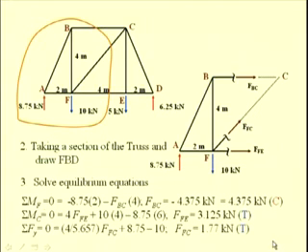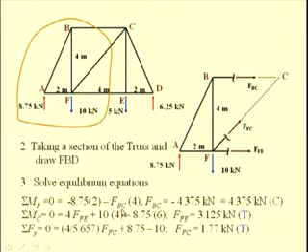So, we have first the moment summation about the point F. When we compute the moment of the various forces about this point F, we first have the reactive force at A, which is 8.75, and the moment of this force about this point is a clockwise moment, which is a negative sense, and the moment arm is 2 meters. So, we have 8.75 times 2, which is a negative moment, and the moment of this force FBC is also a clockwise moment, and so negative.